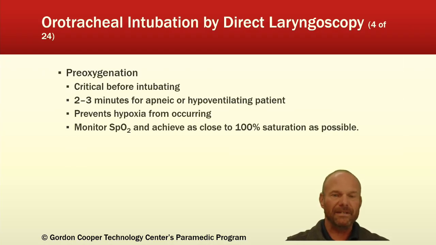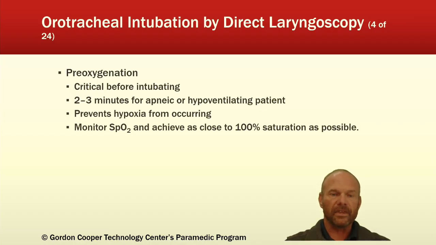Pre-oxygenation, we talked about that being a big point, and we're really going to harp on that for a second. So why is it critical? We need to pre-oxygenate these patients with a BVM and 100% O2 to ensure that they have an oxygen reserve. That's going to be essential to maintain oxygen levels during the intubation attempt. So let's talk about how we do that. For apneic or hypoventilating patients, we want to pre-oxygenate them for 2 to 3 minutes.